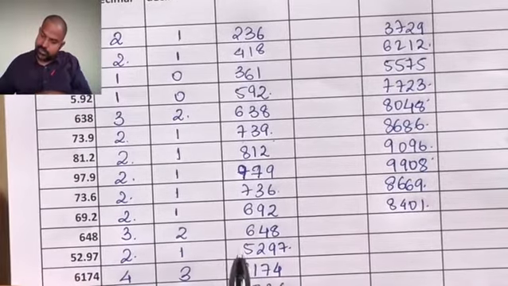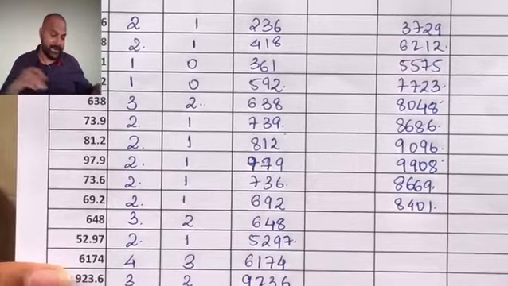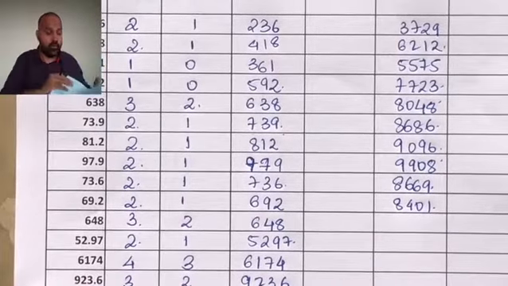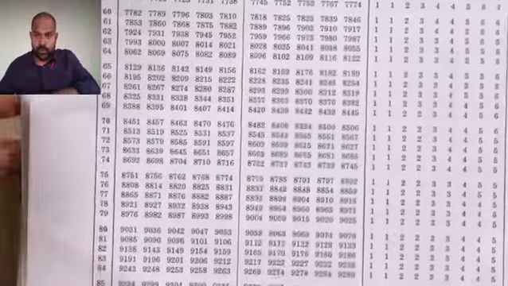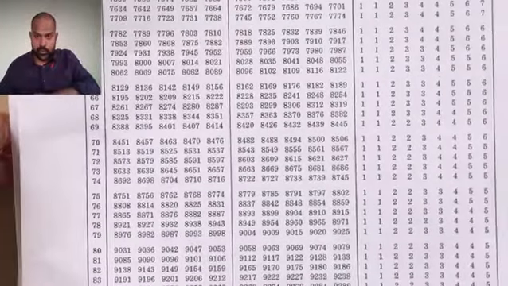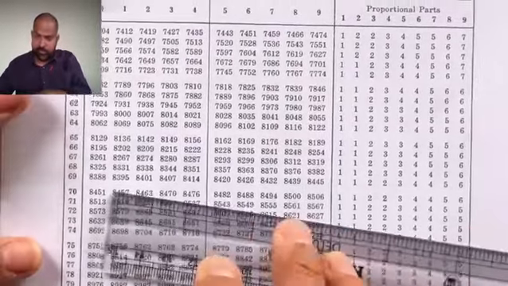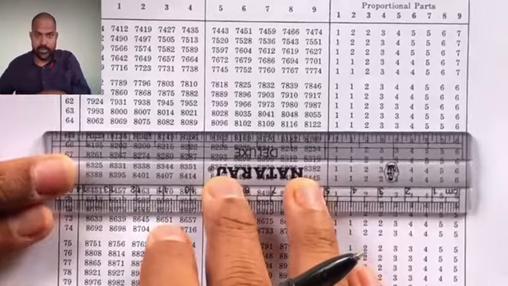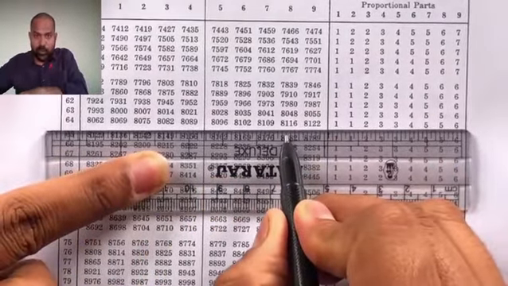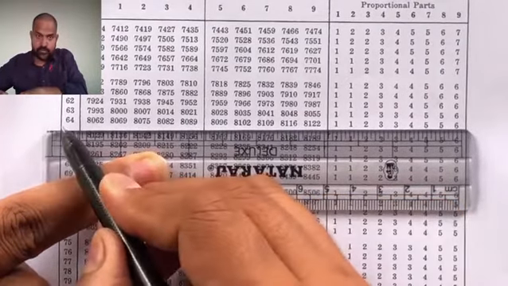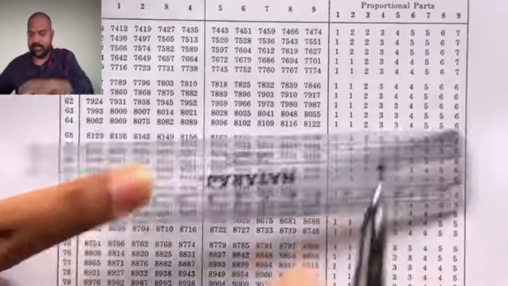8401. 648. In 64, we are looking at 8. In 64-8, the value is 8116.